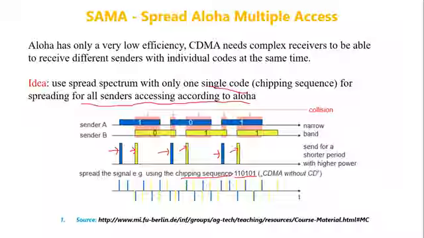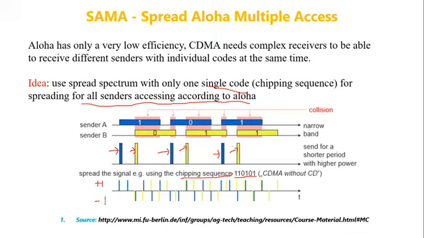So initially A wants to send 1. This is as usual the previous case. All 1s we are representing as +1, all zeros we are representing as -1. So above this line, everything represents +1, and below this line everything represents -1.